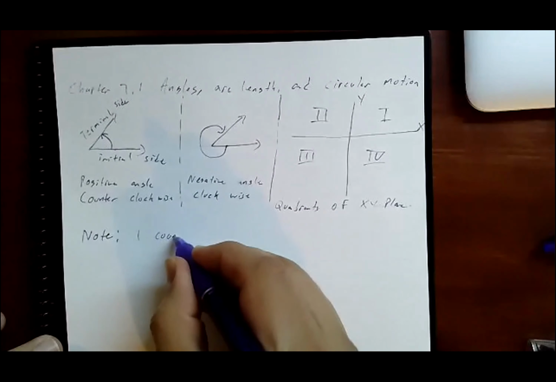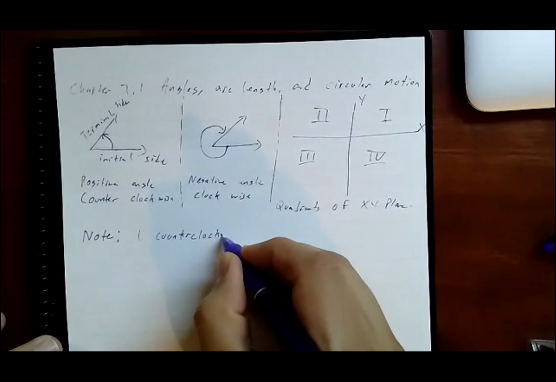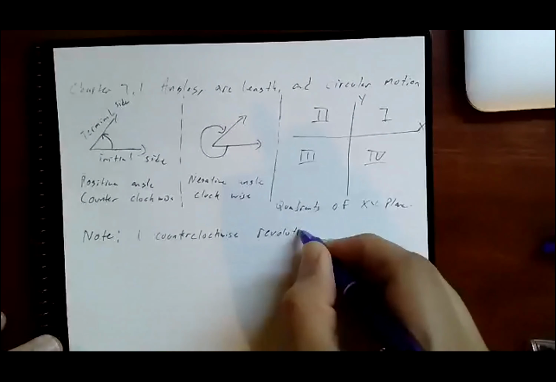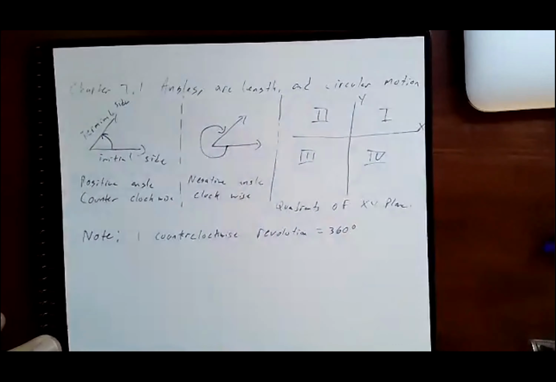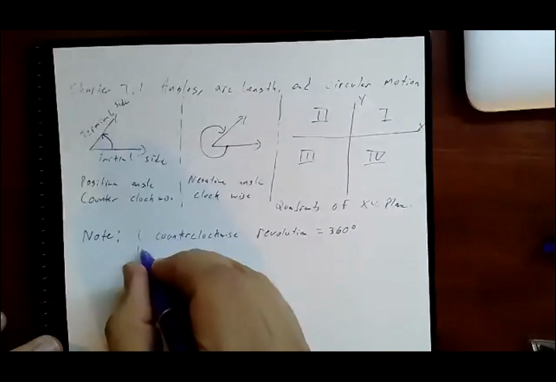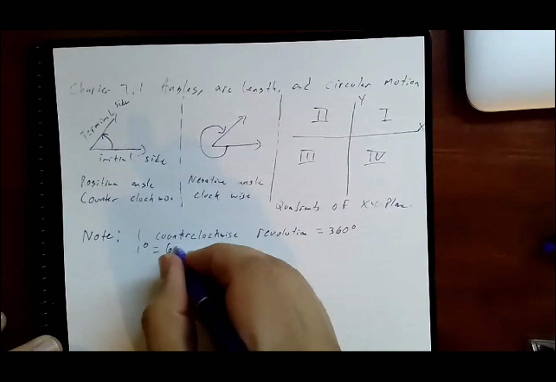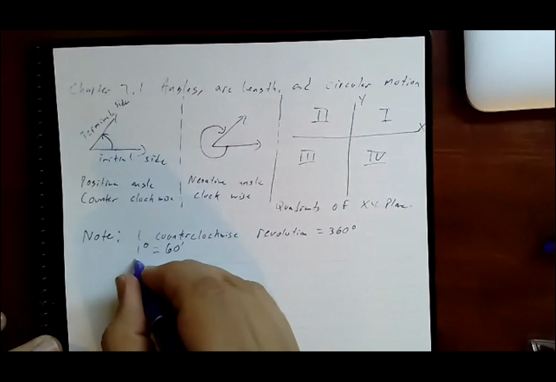One counterclockwise revolution is equal to 360 degrees. 1 degree is equal to 60 minutes. 1 minute is equal to 60 seconds.